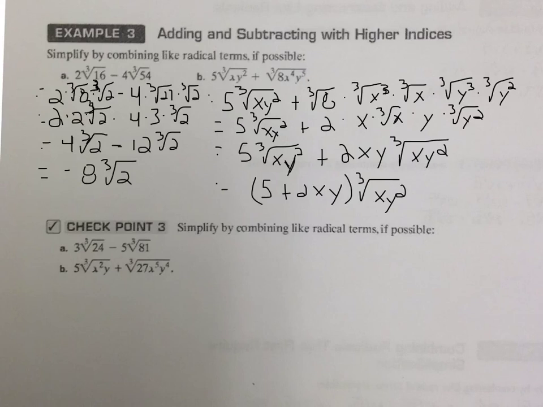Try your checkpoint 3, and when you come back, I'll give you the answer. All right, so the answer to checkpoint 3, A is negative 9 cube root of 3.